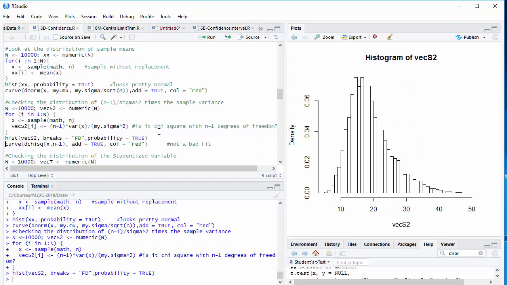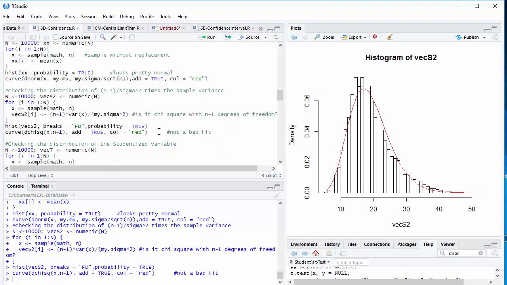We look at the histogram and you say, yeah, it's got a long tail to the right. It looks kind of like what I've seen with chi-squared distributions. But if I overlay a graph of the chi-squared distribution, we're systematically off here, we're systematically off here, and things are not as good.